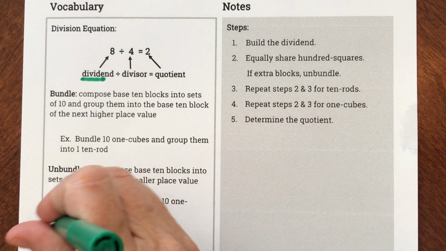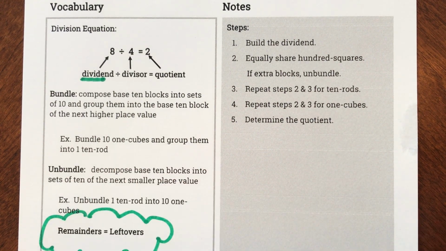But here's our new idea. Our remainders are just leftovers. You can't continue to pass out or divide when there's not enough for every group. So when you run out of enough to pass out and there's still some left but not enough to equally divide, that's what we call a leftover or a remainder.